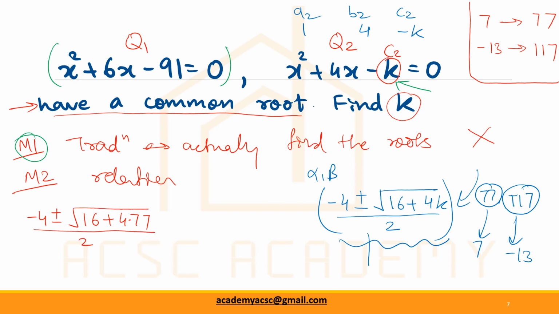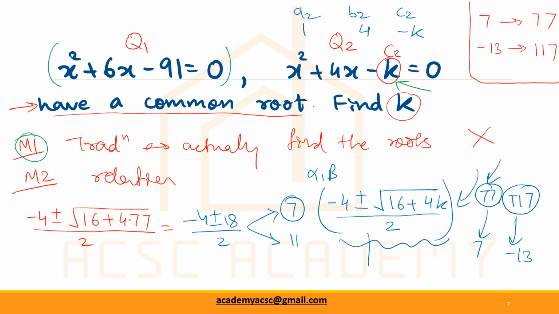And when we solve this out, what we get is minus 4 plus minus 18 by 2, which gives us two values, that is 7 and minus 11. So yes, by substituting k as 77 we have got 7, but does that mean that 7 itself is the common root? Let us also check for the second one.